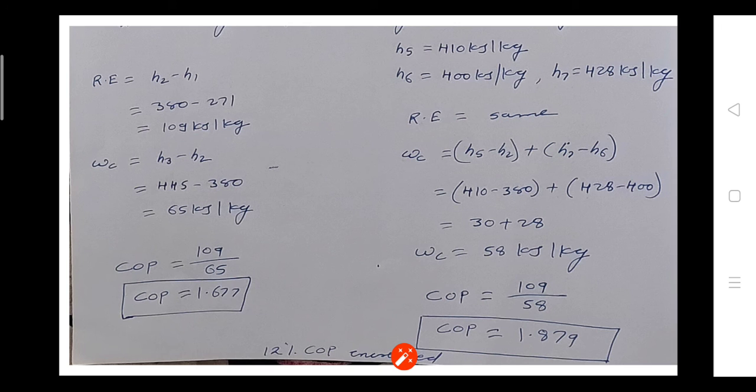You can calculate the percentage: for this numerical, the COP is increased by 12%. You cannot say in general how much percent the COP increases, I have calculated it for this particular problem, but some amount of COP will be increased by using multiple compressors with intermediate cooling. That is proved by using this example.